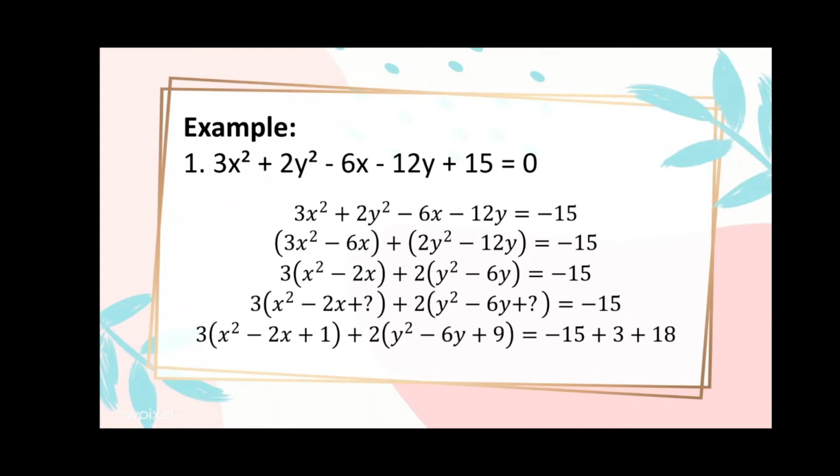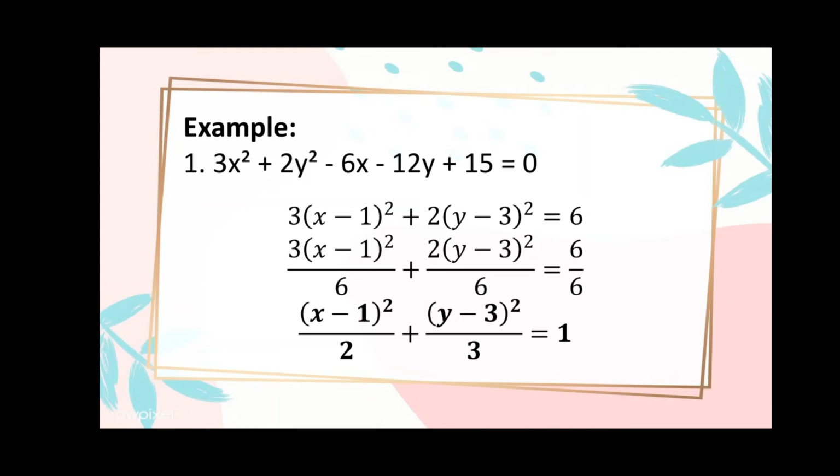So following our steps in simplifying both sides of the equation, we have now 3 multiplied by quantity x minus 1 squared plus 2 multiplied by quantity y minus 3 squared is equal to 6. So by simplifying, we need to divide the whole equation by 6.